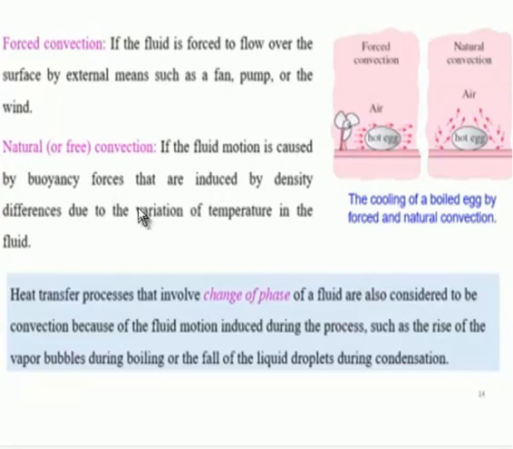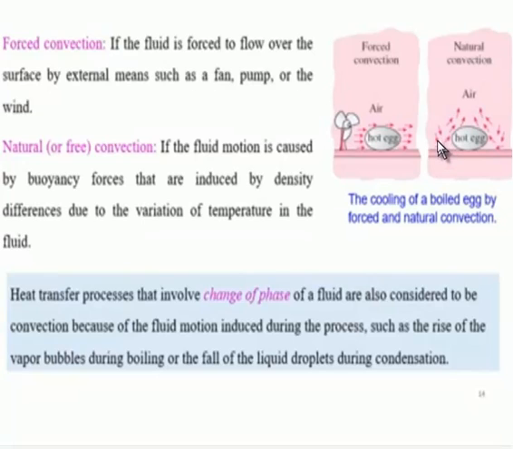The buoyancy forces are induced by density difference. Why is there a density difference? Due to the variation of temperature in the fluid. The temperature of this air is different from the temperature of this air.